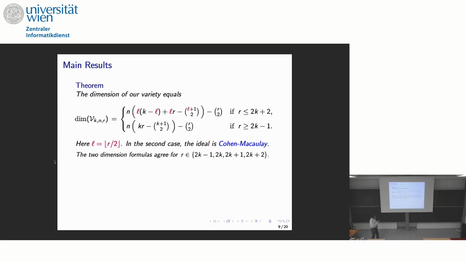Now, the second case is the nice case, and there are all kinds of adjectives in blue that say nice. And one blue way to say nice is Cohen-Macaulay. And a fun exercise is that these two formulas agree in the overlap, right? So the way I wrote the case distinction is there are 4 values of r where they overlap, namely 2k minus 1, 2k, 2k plus 1, and 2k plus 2.